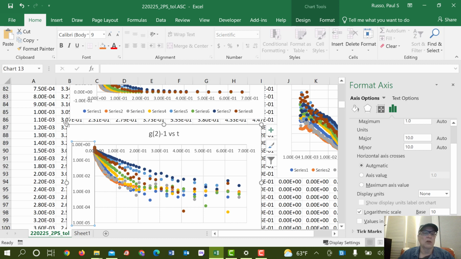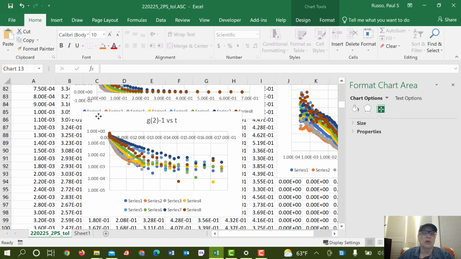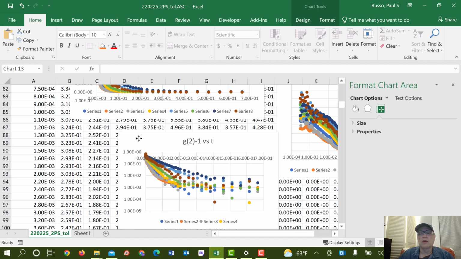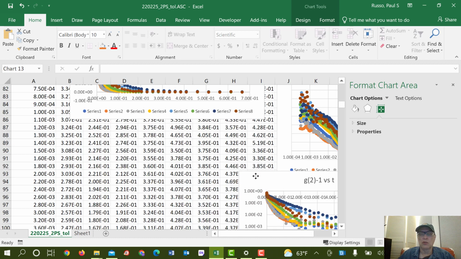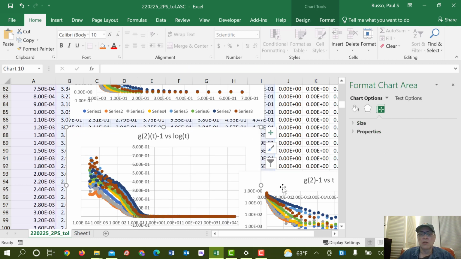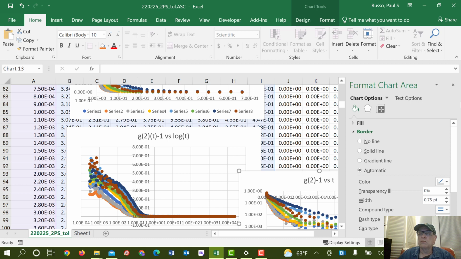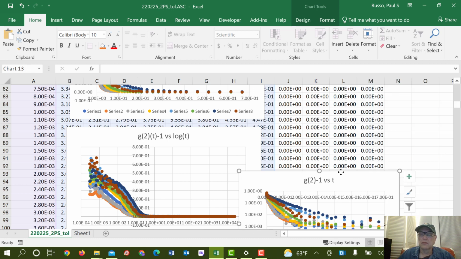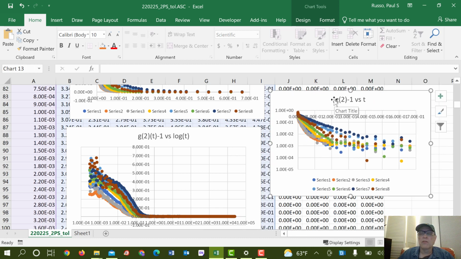So that's our semi-log plot, which I very much like. I think that one is normally arranged over here somewhere, whereas this guy goes there. And then this is log of that.